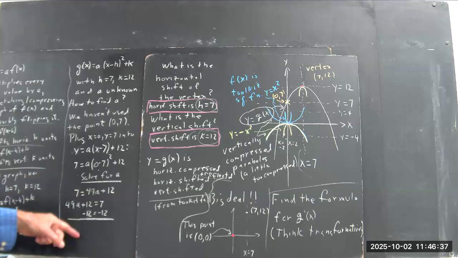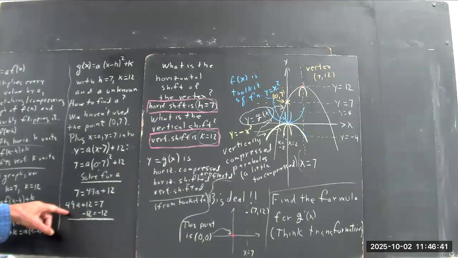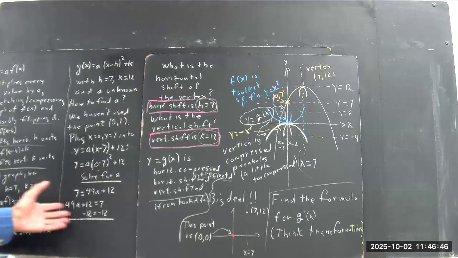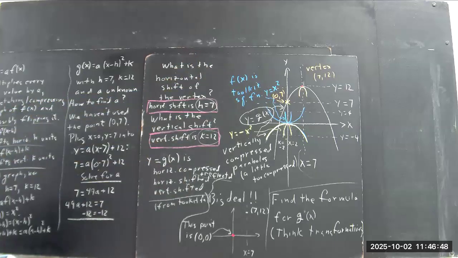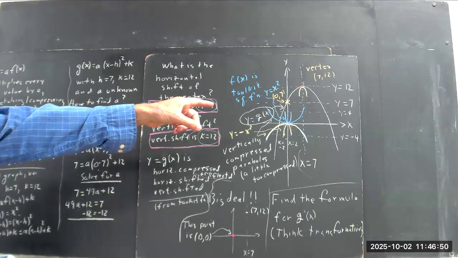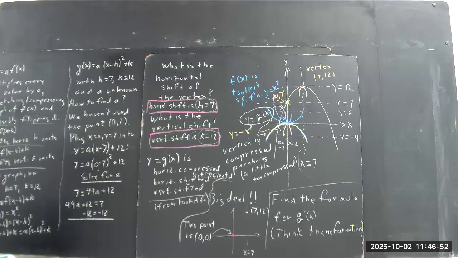In other words, you don't change the solutions of the equation. If you try to add that negative 12 to the 49, you're going to change the solutions and you're not going to get anything that corresponds very well at all to what we need.